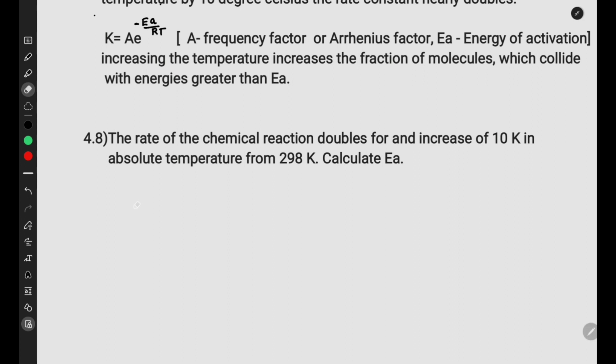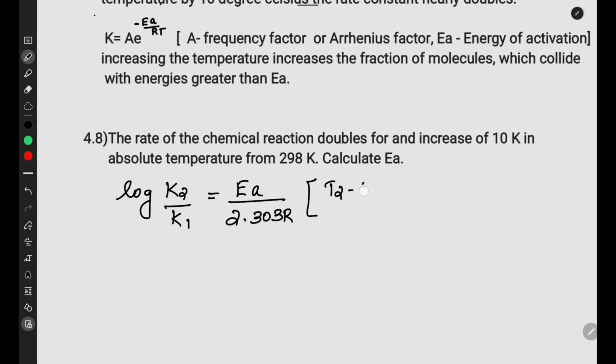So let us write the equation. log K2 by K1 is equal to Ea by 2.303 R into T2 minus T1 by T1 T2.